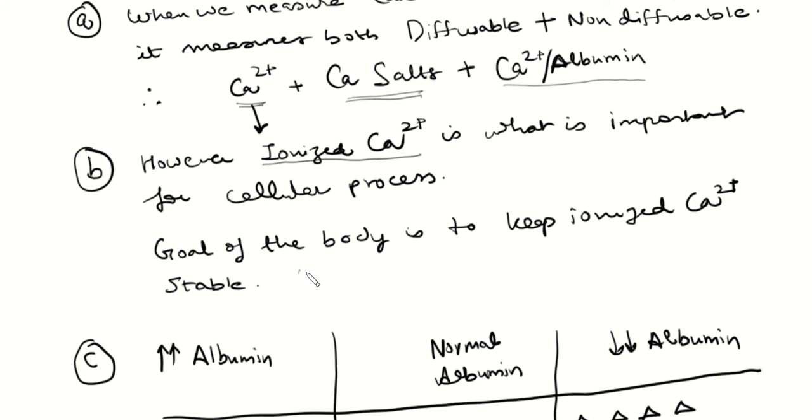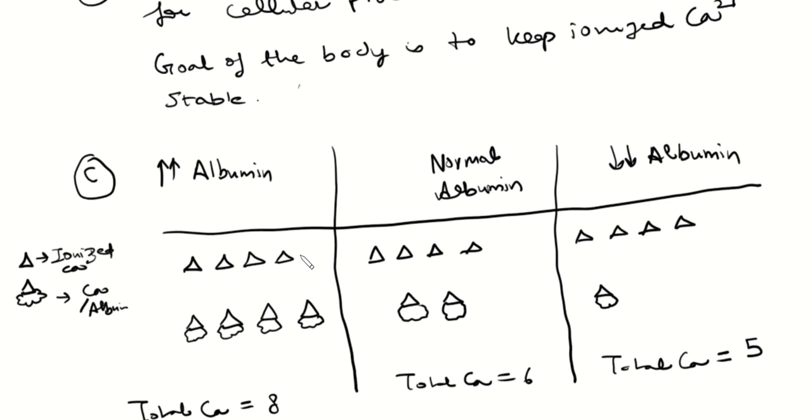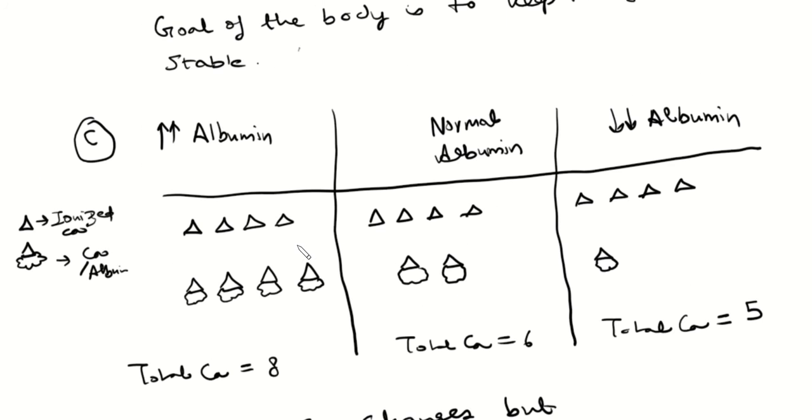So let's take a look at how this plays out. Here I've drawn a little bit of a table, which talks about three body states. It talks about a body with the normal albumin, and albumin I've shown by a little symbol like this, right? That's what I've used as a symbol. So here I have two albumins.